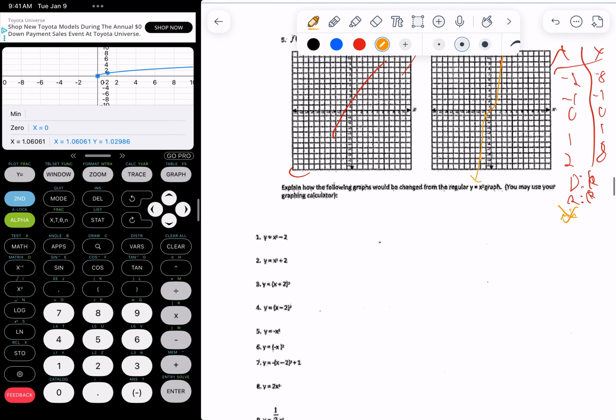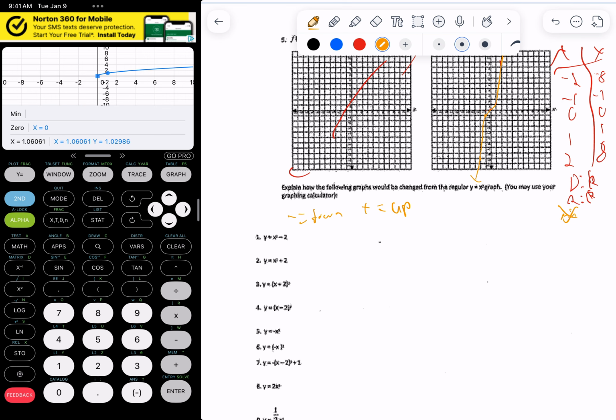Okay. Now explain how the following graphs would be changed from the regular y equals x. So always remember that minus is down, plus is up. When you're subtracting, you're going down in level, and when you're adding, you're going up in level.